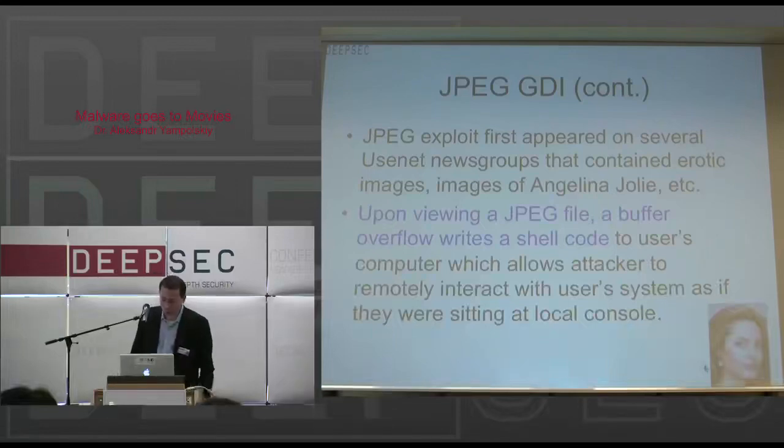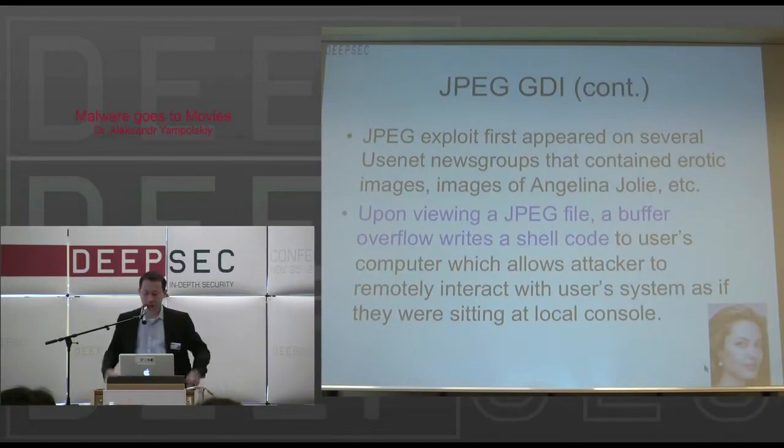So just by clicking on the image and viewing it, you would infect your computer, and somebody would take ownership of it. It first appeared on several Usenet groups that contained erotic images of Angelina Jolie, and it's still being actively used. So for example, if you search for Yellowstone National Park or Angelina Jolie and flip through a couple of Google image pages and click on every one of them, you're inevitably going to hit one of the infected files within the first 6 pages.